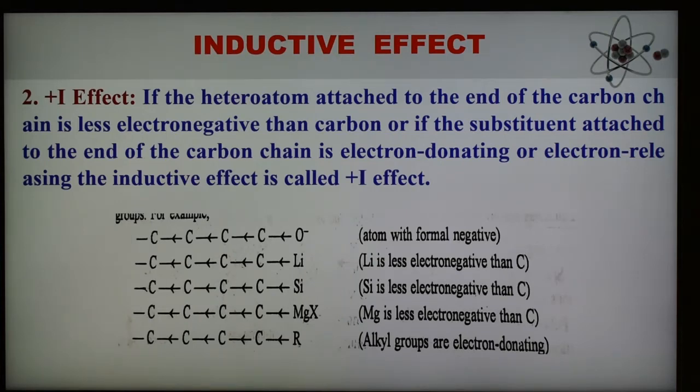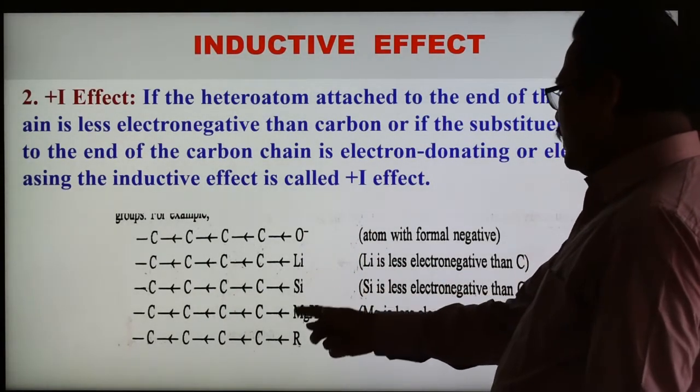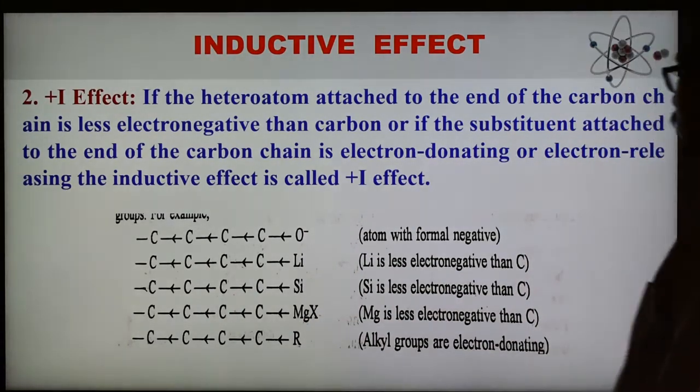An example is shown here, and as we know, the electron donating groups are groups with formal negative charge, and atoms of low electronegativity like lithium, silicon, magnesium, and alkyl groups. Depending upon the group or atom present in the carbon chain, some examples are shown: oxygen, lithium, silicon, magnesium, alkyl group.